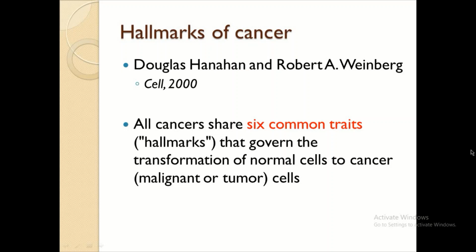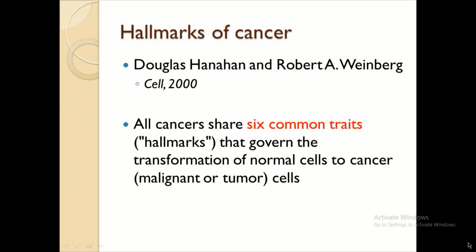So Douglas Hanahan and Robert A. Weinberg, these two scientists, proposed 6 common hallmarks of cancer. All cancers share these 6 common traits that govern the transformation of normal cells to malignant tumor cells or cancer cells.